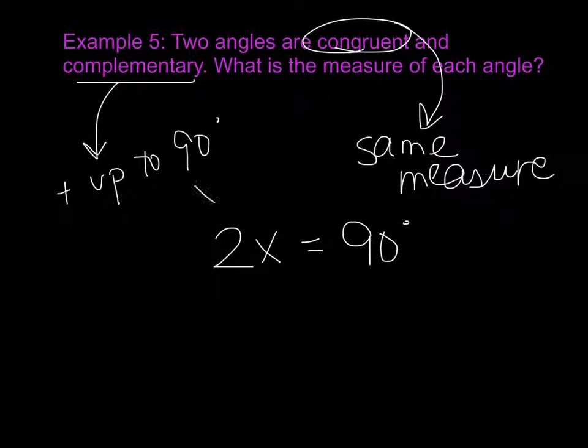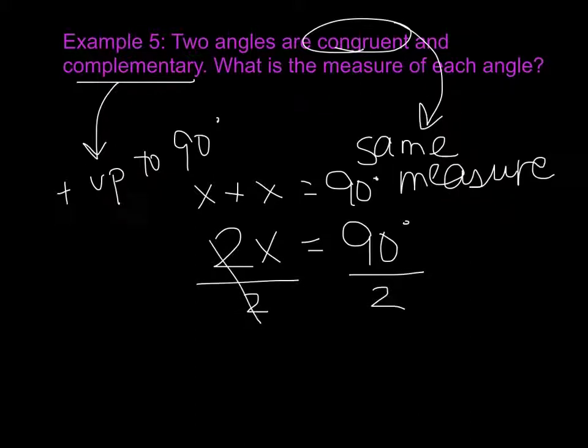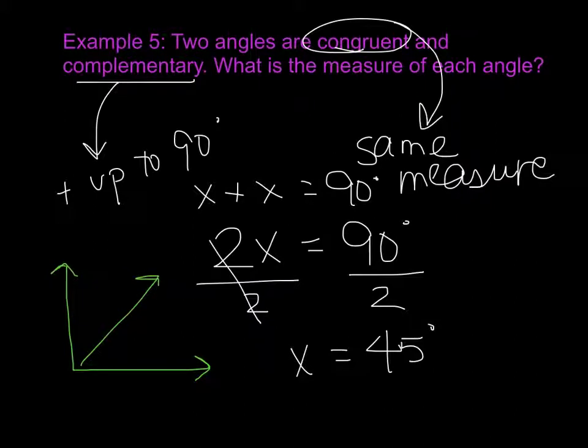That's the same as saying x plus x has to be 90 degrees. Well, what plus itself is 90? If I solve my equation here, I find that x equals 45 degrees. So in order to get two angles that are congruent and complementary, side by side, adding up to 90, both of these guys have to be 45 degrees.